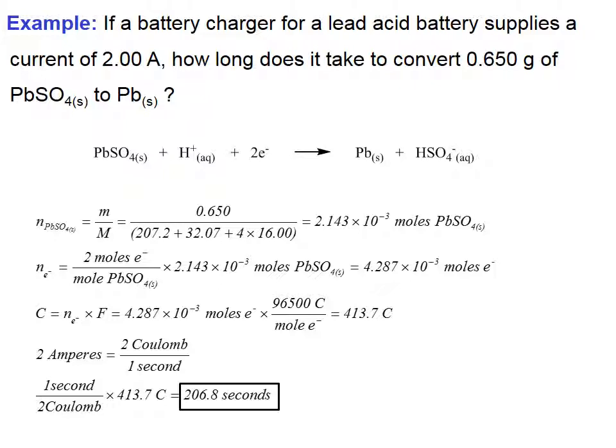Or in 1 second, 2 coulombs will be transferred. So here I've got 1 second per 2 coulombs transferred, multiplied by the total number of coulombs I want to transfer, and it tells me it's going to take 206.8 seconds, transferring current at a rate of 2 coulombs per second, to convert 0.65 grams of lead sulfate into solid lead.